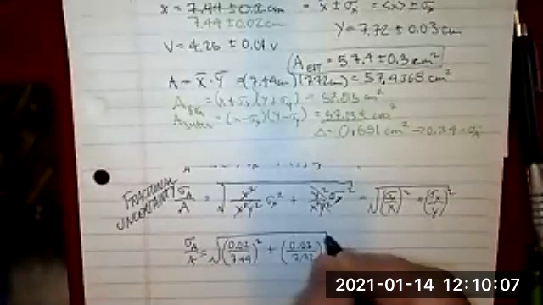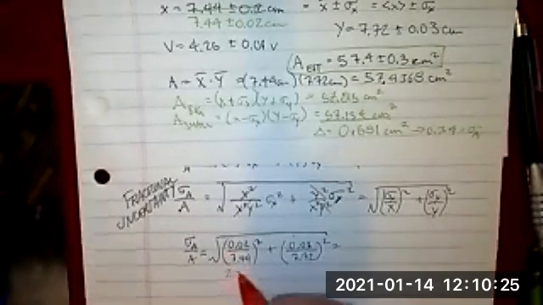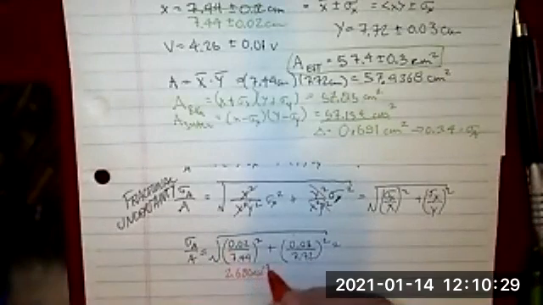I square that. And what I get is, I'm going to do that in my calculator. I'm going to say 0.02 divided by 7.44, and that's 2.688 times 10 to the negative 3.